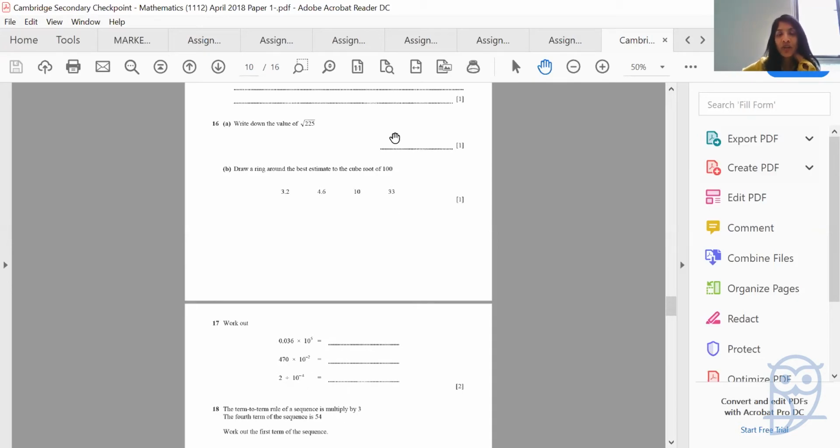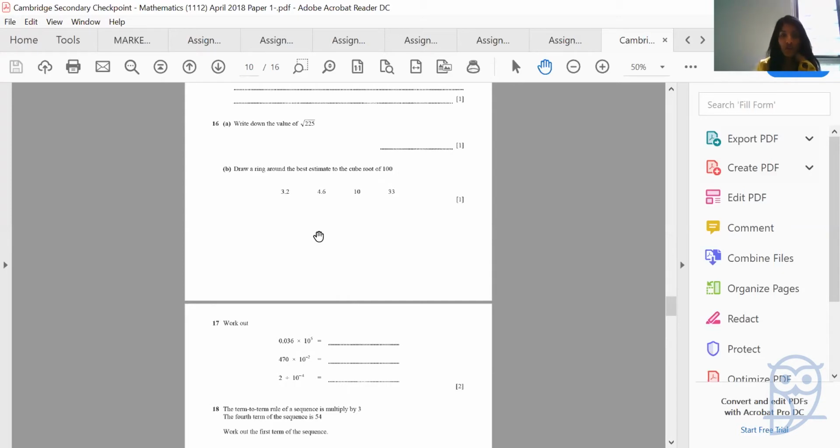It cannot be 10 because 10 times 10 times 10 is 1,000. So that is out. It can't be 3.2 because 3.2 times 3.2 times 3.2 will not give us 100. And 33 times 33 times 33 is going to give us 35,000.